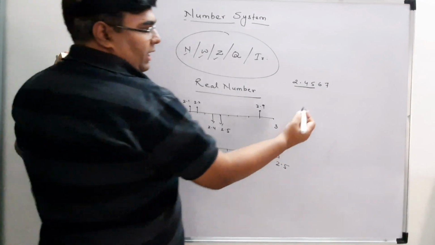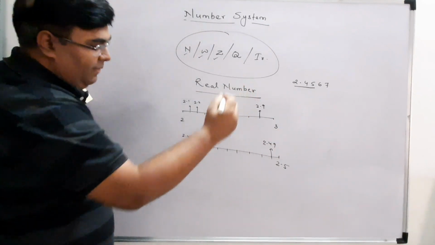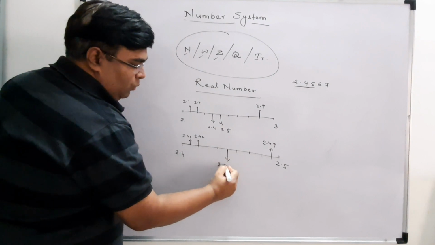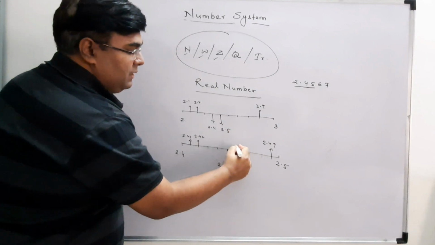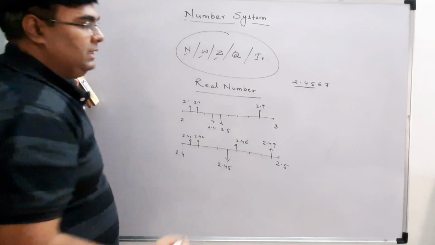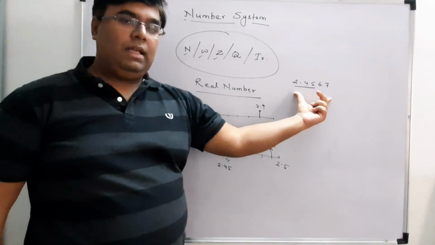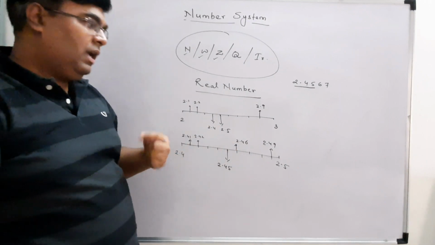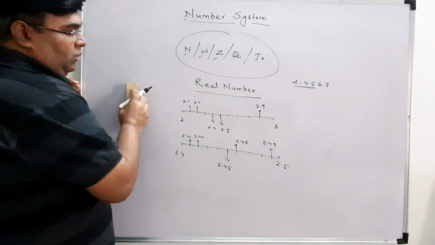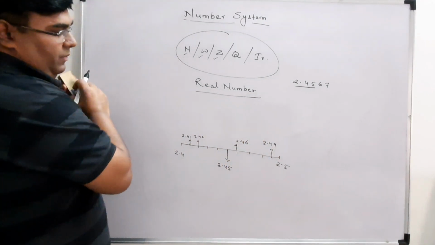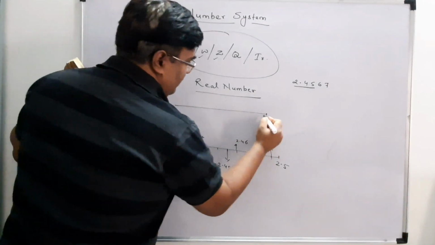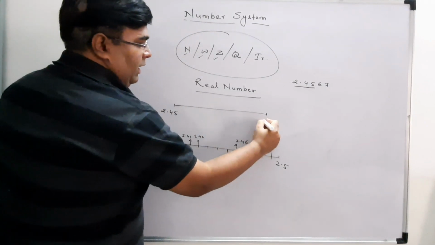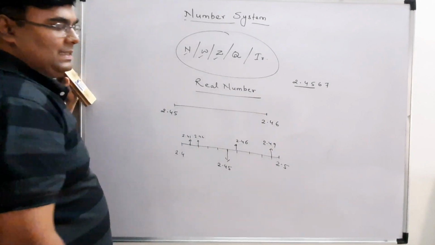Now this number again we will look at it, 2.45. Where is 2.45? 2, 3, 4, 5. This is my 2.45 and this is 2.46. Definitely this number is in between 2.45 and 2.46. So again we will make two parts, 2.45 and 2.46.